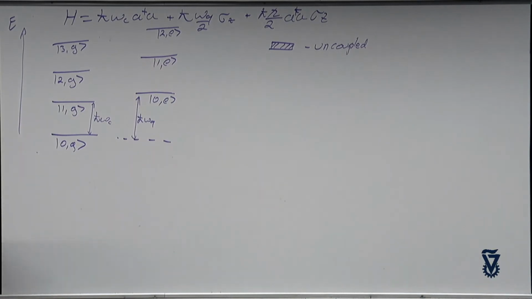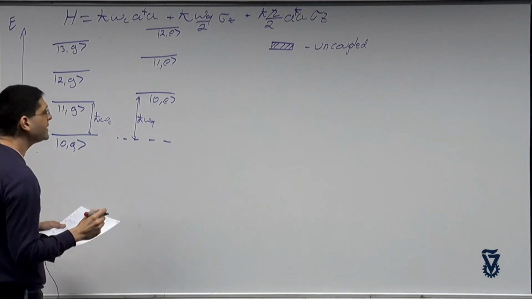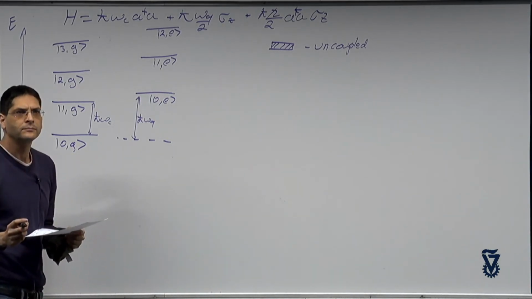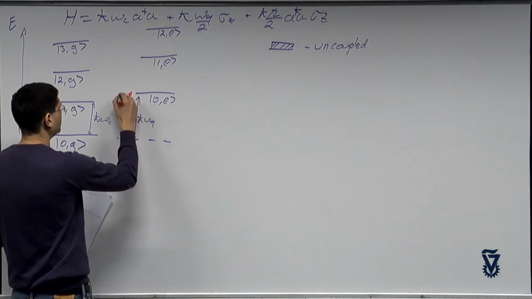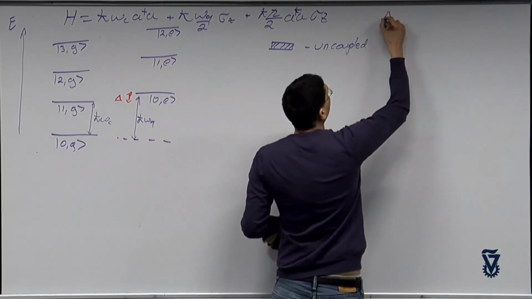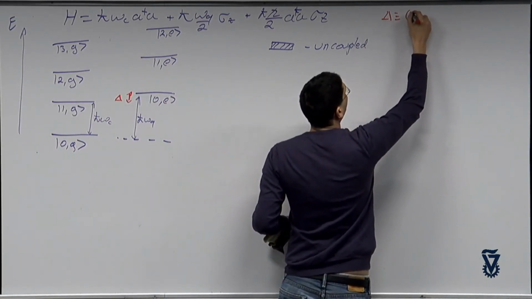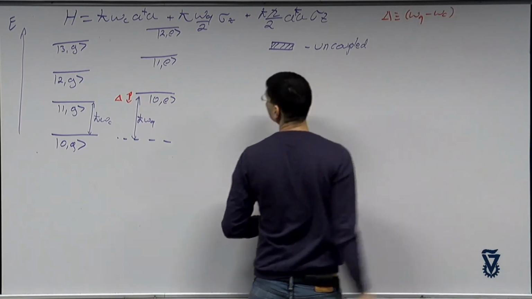And what happens due to the interaction is that the levels slightly get shifted. Remember delta, this is delta. Delta is omega q minus omega c.